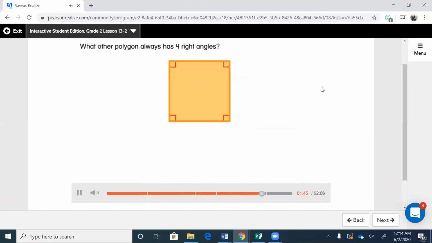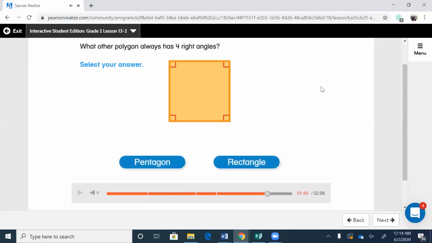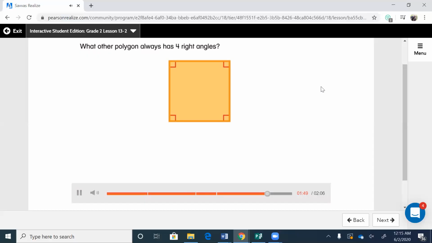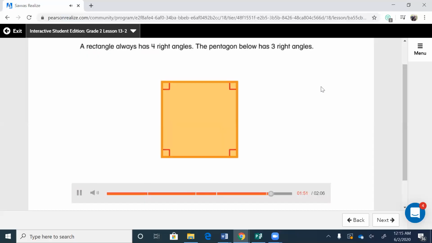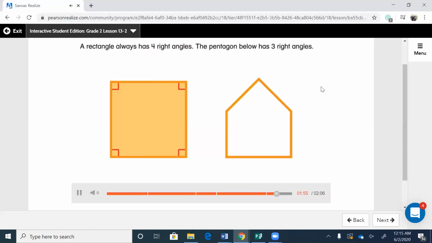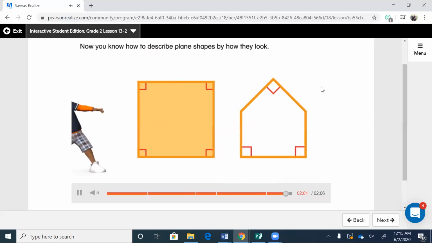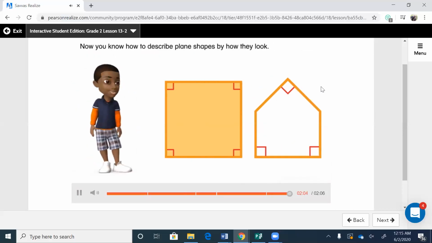What other polygon always has 4 right angles? Select your answer. A rectangle always has 4 right angles. The pentagon below has 3 right angles. Now you know how to describe plane shapes by how they look.